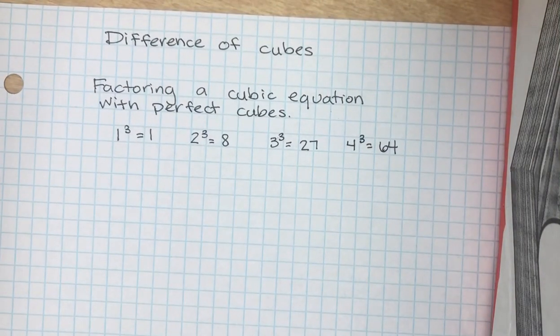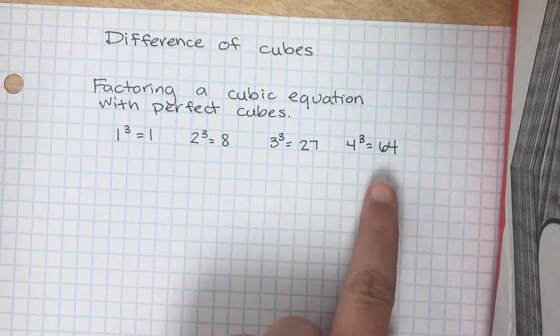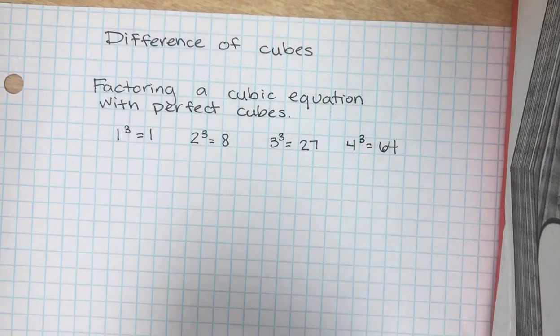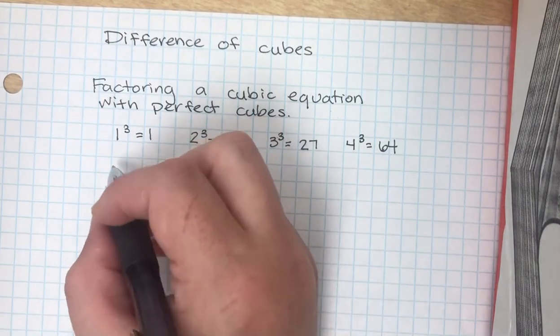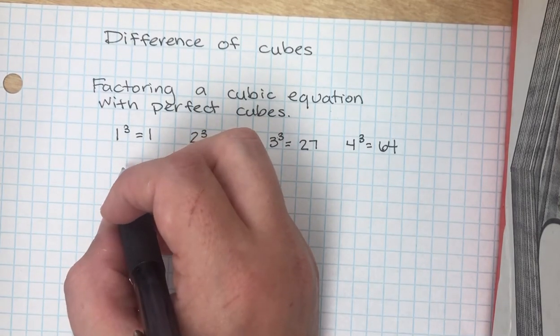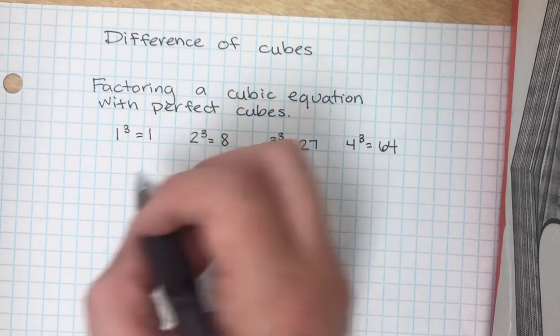And this type of factoring will only work if it has something that is a perfect cube within it. And also the exponents for the variables should be something that you can take the cube root of.